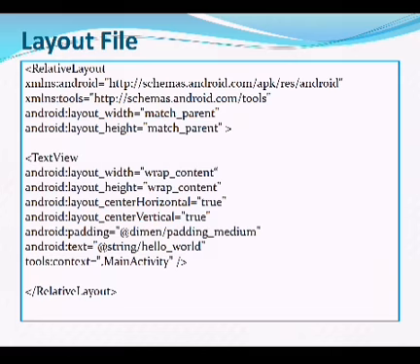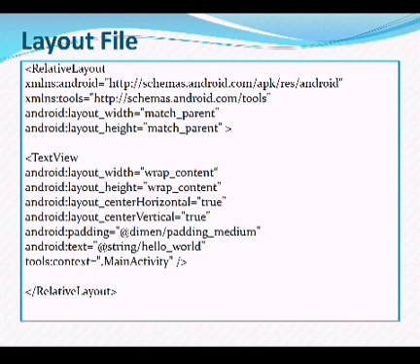TextView is an Android control used to build the GUI, and it has various attributes like android:layout_width, android:layout_height, etc., which are used to set its width and height. The @string refers to the strings.xml file that is located in the resource values folder.